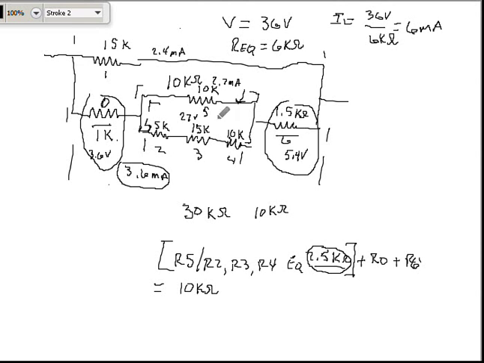Okay, 3.6 milliamps minus 2.7 milliamps is going to equal 9 milliamps consumed by this side.